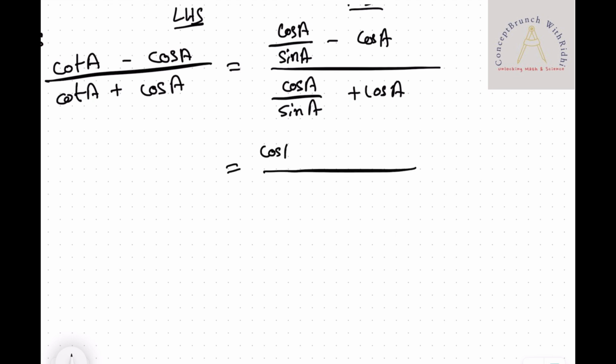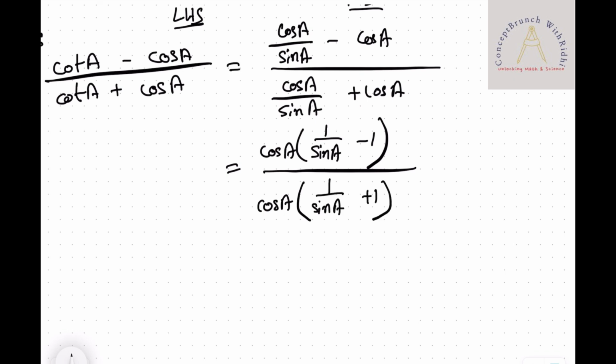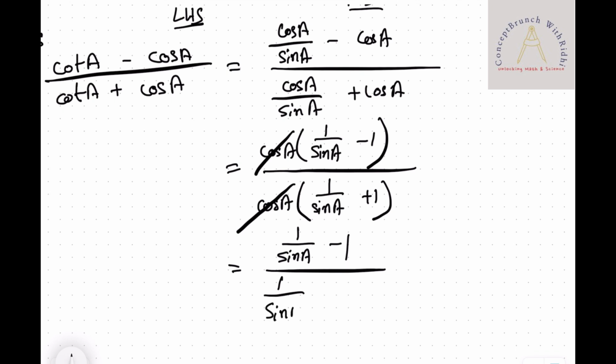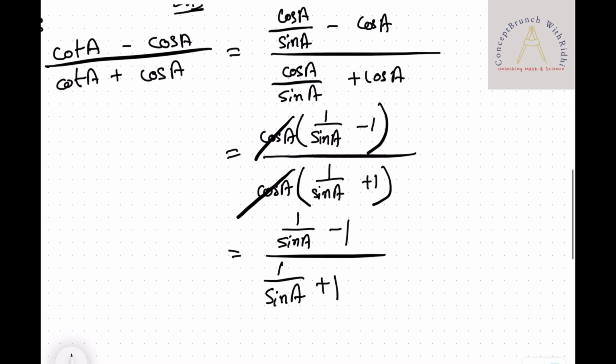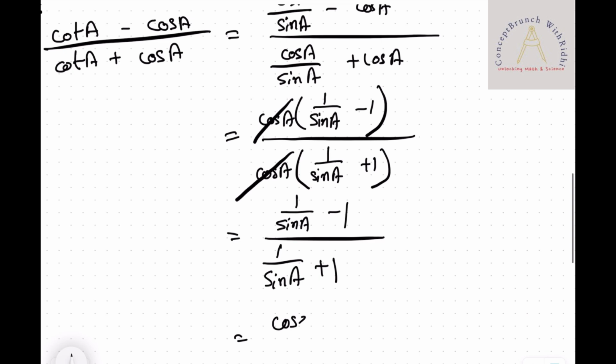What is remaining? 1 over sine A minus 1, and here cos A again common. What is remaining? 1 over sine A plus 1. We can cancel out the cos A. What is remaining here? 1 over sine A minus 1 divided by 1 over sine A plus 1. So 1 over sine A we can write as cosecant A, giving cosecant A minus 1 divided by cosecant A plus 1. And this is your RHS, hence proved.